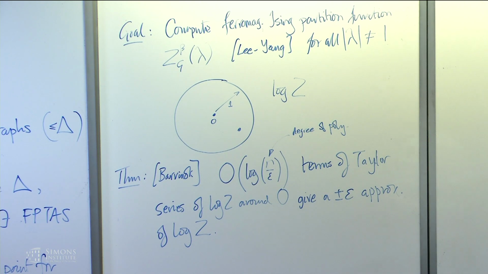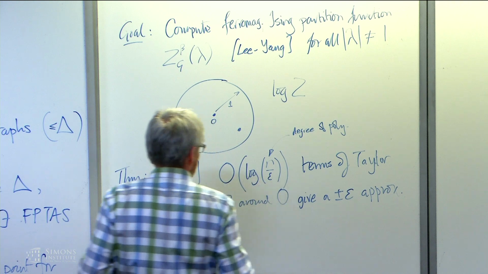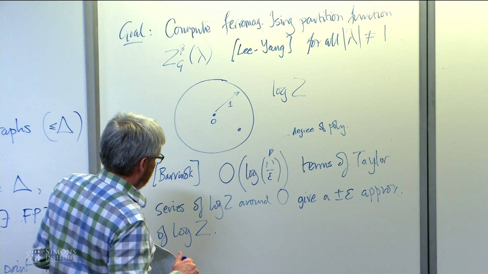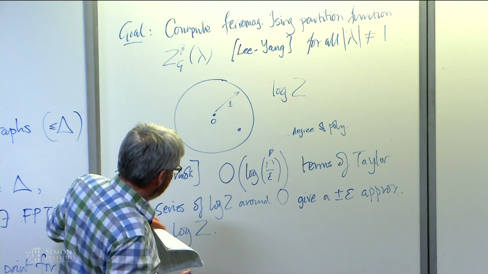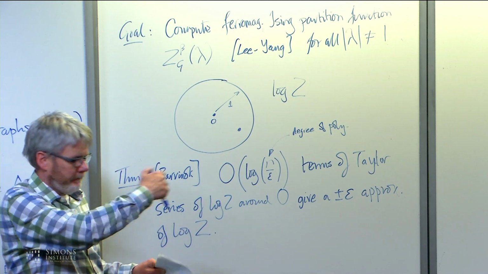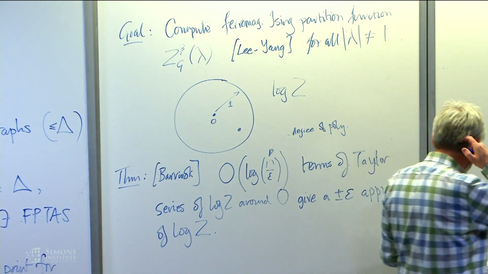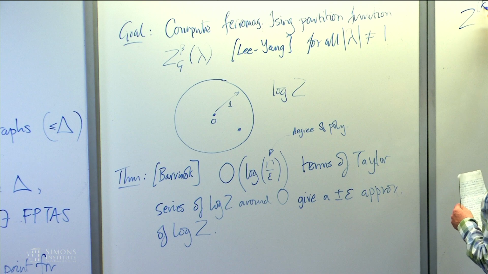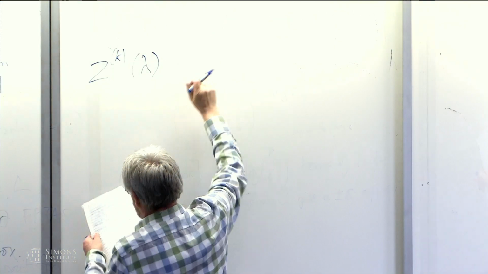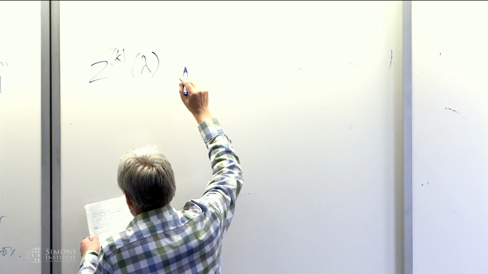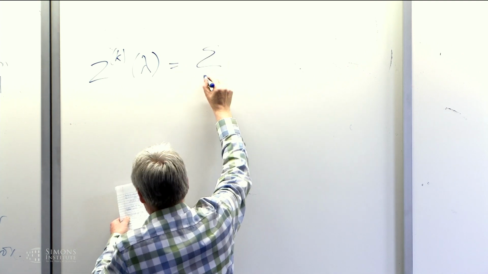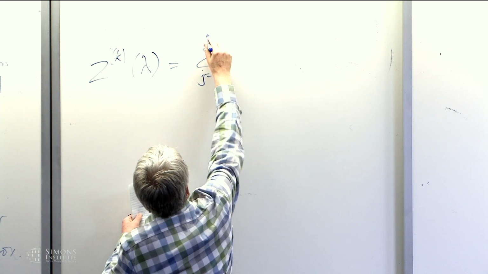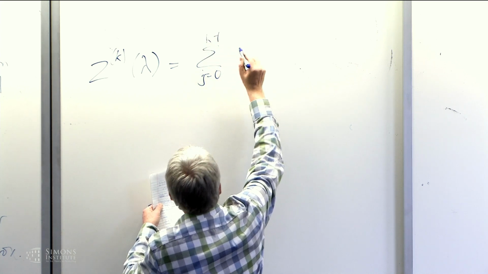Well, there's an easy point. How do you compute the Taylor series of log Z? You can compute its terms from the polynomial Z itself, using the fact that the kth derivative of Z is related to the derivatives of its logarithm by a linear triangular system.